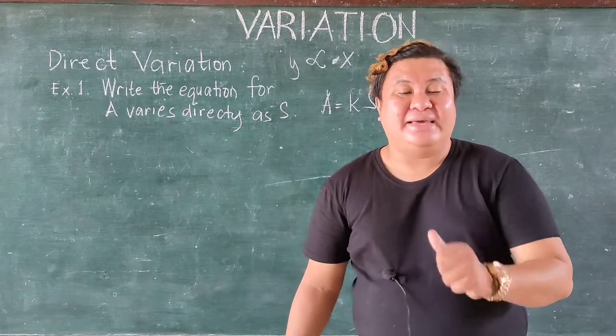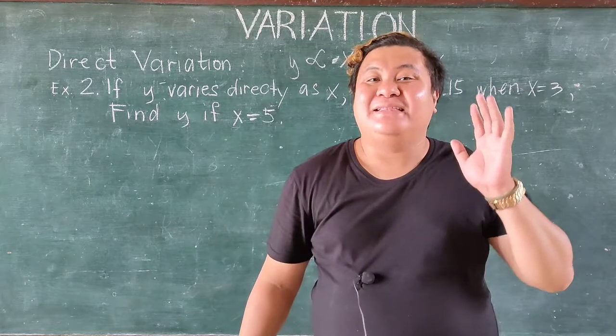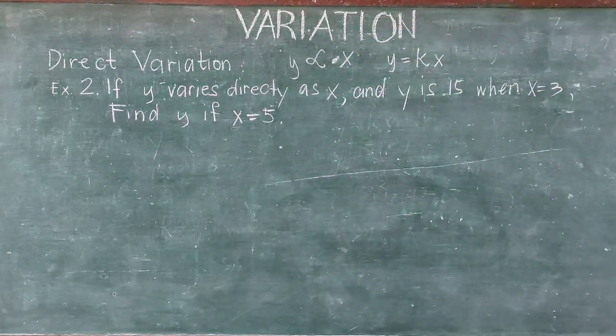So let's have example number 2. The problem is, if y varies directly as x and y is 15, then x is 3. Find y if x is equals to 5.